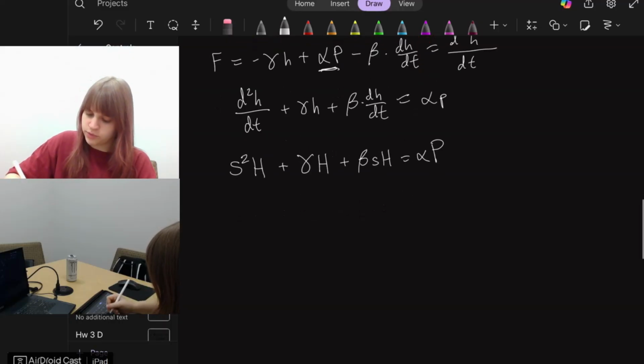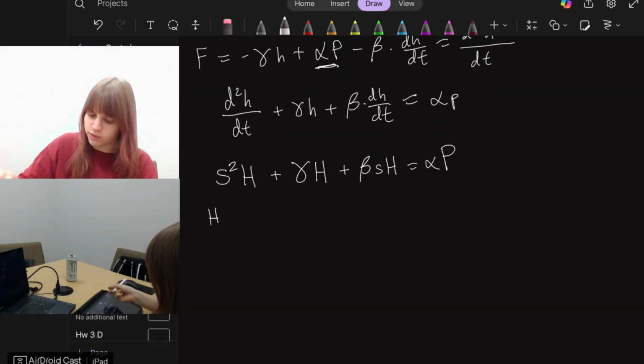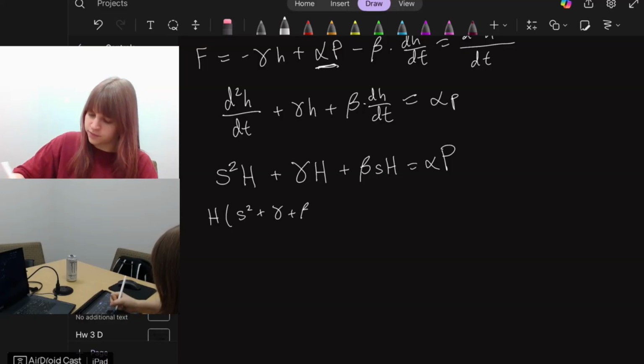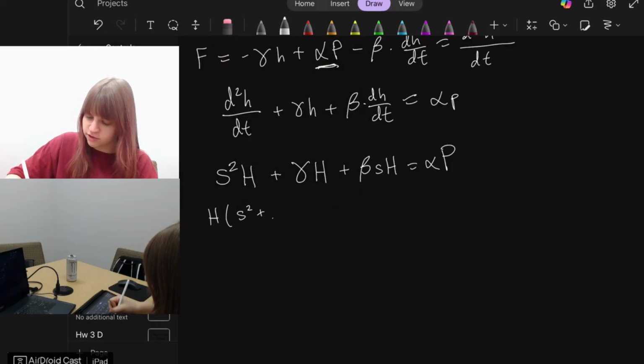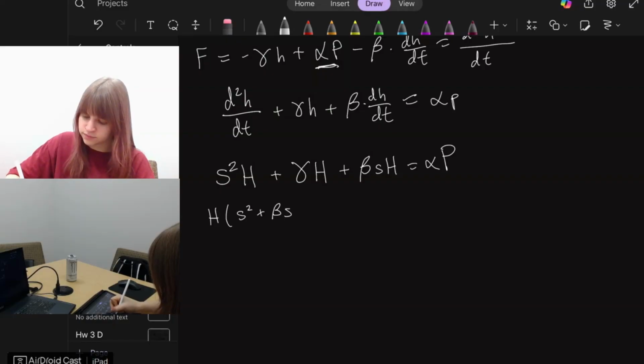And we notice we can pull out our height, which is what we wanted to do, so we have s squared plus gamma plus beta. Now I'll actually rewrite this with the beta term in the middle. So we have s squared plus beta s plus gamma.